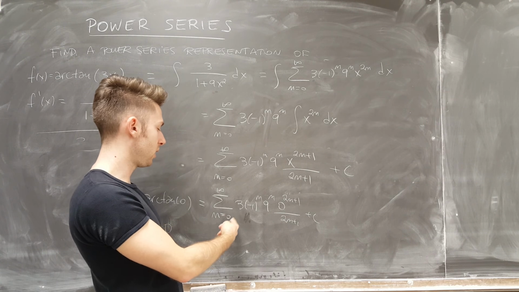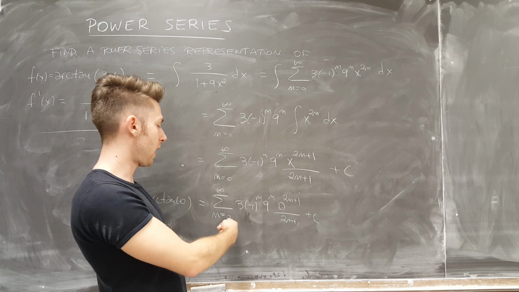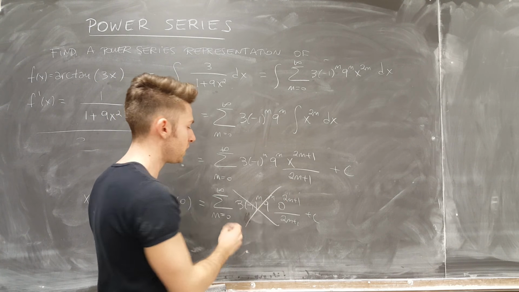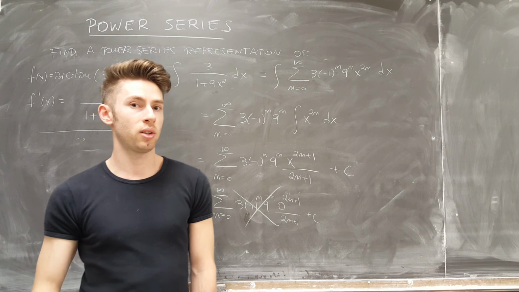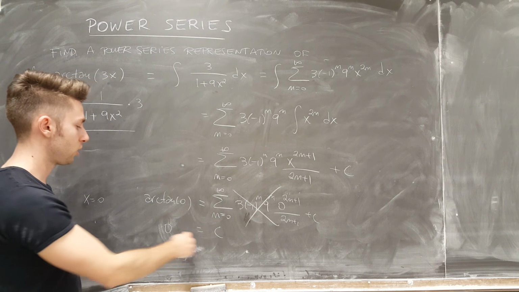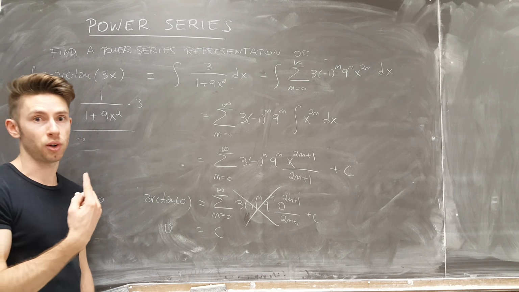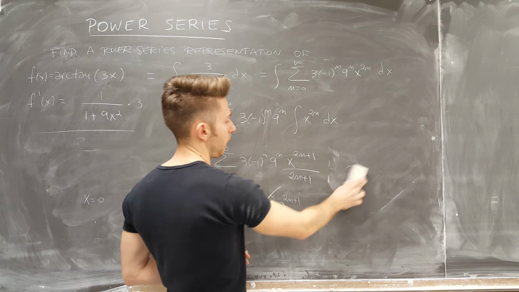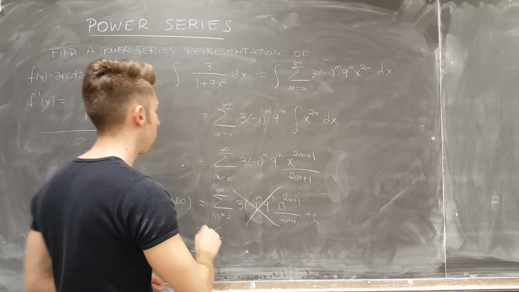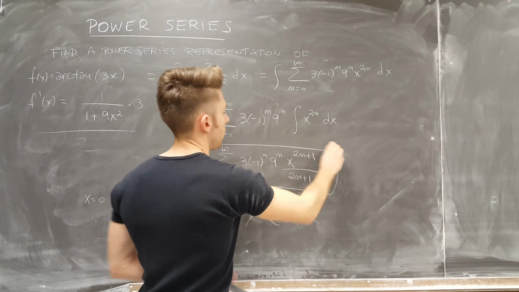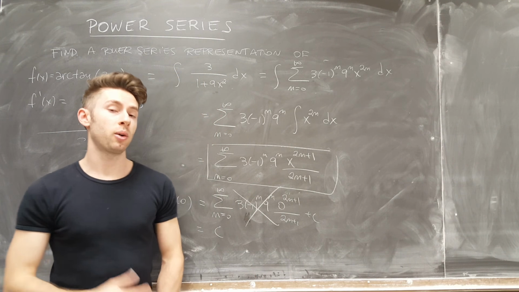And then for every successive value of n, I will also have 0 to some power. So all of these terms are zeros. I'm summing zeros, I get 0. So here I just get the constant. So I get that the constant is equal to 0. Therefore, I don't have any constant here, and this is the power series representation that I was looking for.